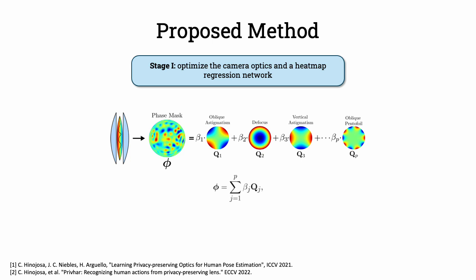Our optical system consists of a camera with two thin convex lenses and a face mask between them. We parameterize the face mask with Zernike polynomials, where each polynomial describes a wavefront aberration. During the optimization, we learn the coefficients beta sub j.